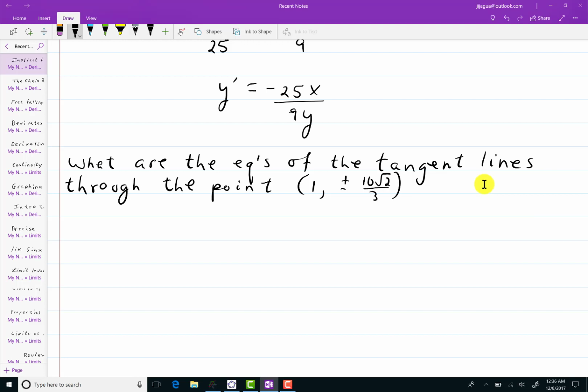Well, all I gotta do is plug those numbers in. Let's start with this one, 1 comma 10 radical 2 over 3. Well, that was the one on the upper half of the ellipse.